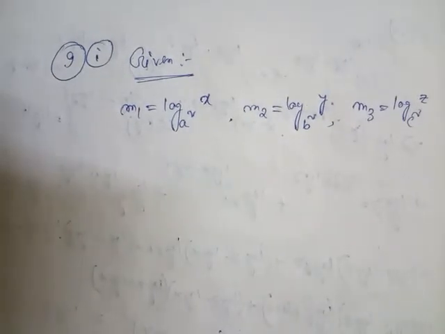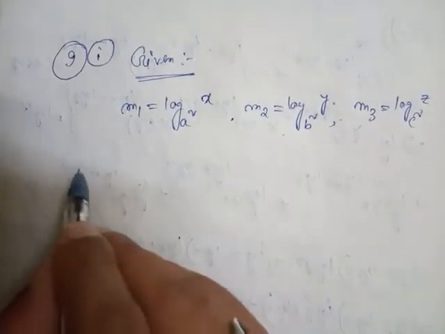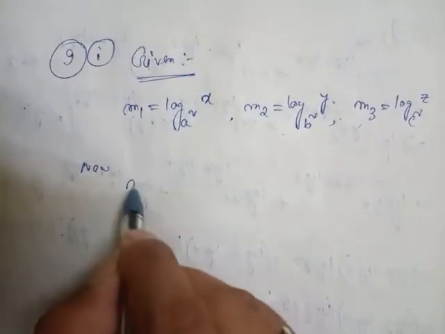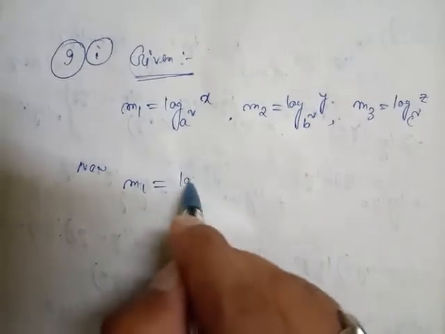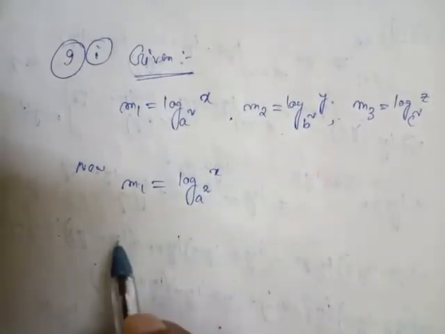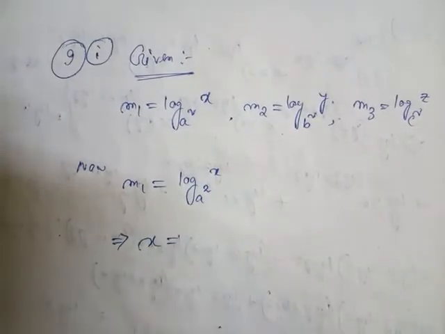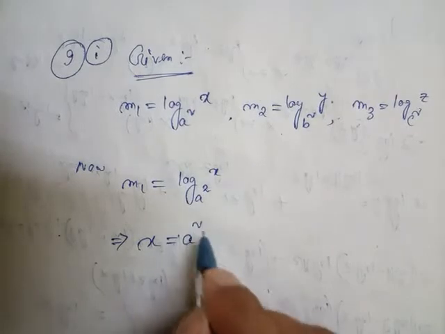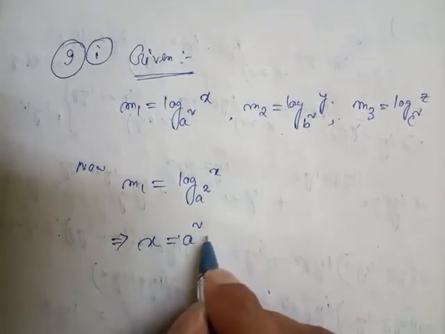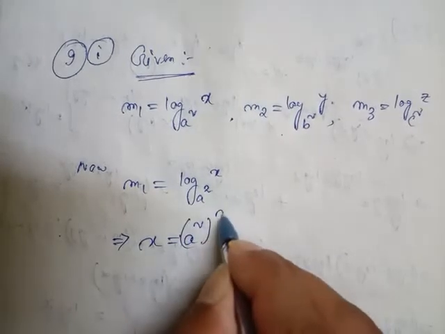Now look after that, student. First we'll take m1. Now m1 equal to log base a square of x. So students, if I take x equal to a square, then m1 whole to the power m1.